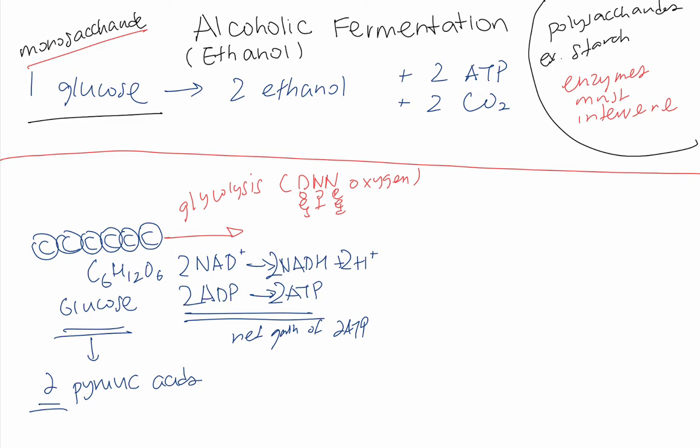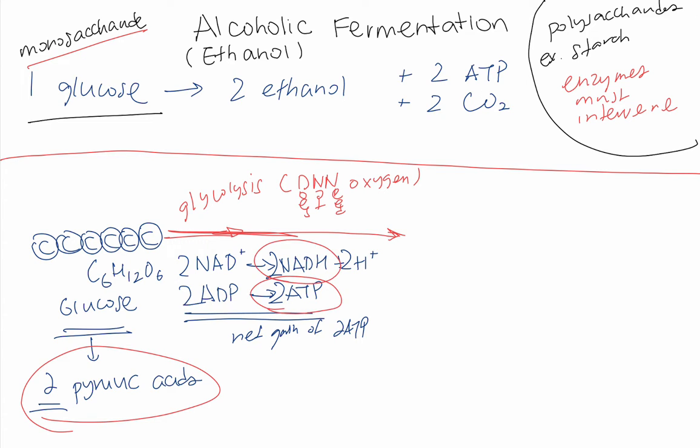Then, after glycolysis, from one glucose molecule we got 2 pyruvic acids, 2 ATP, and 2 NADH. First of all, let's draw the 2 pyruvic acids we have.